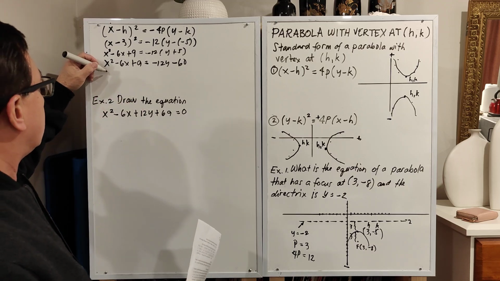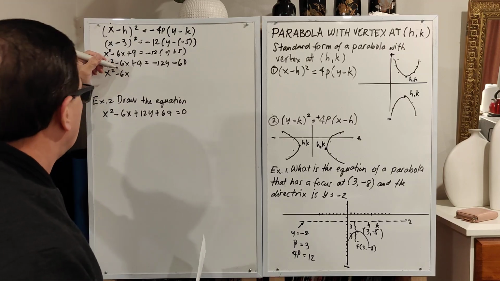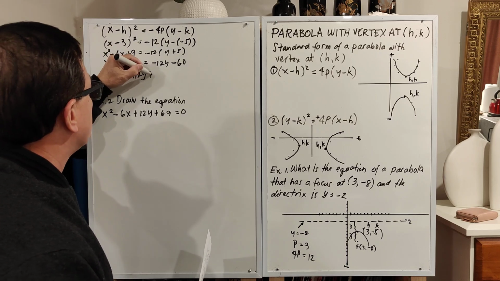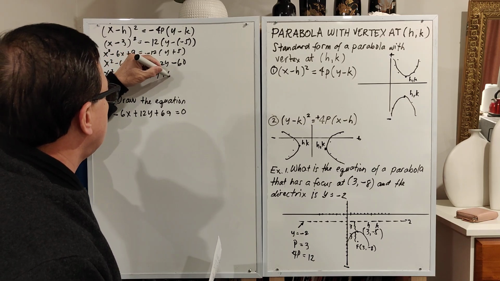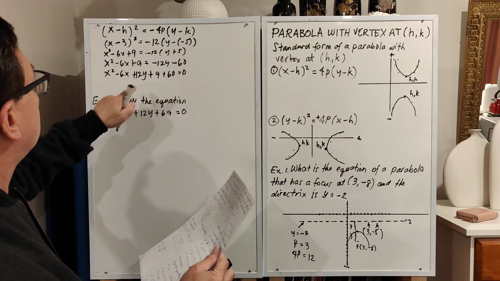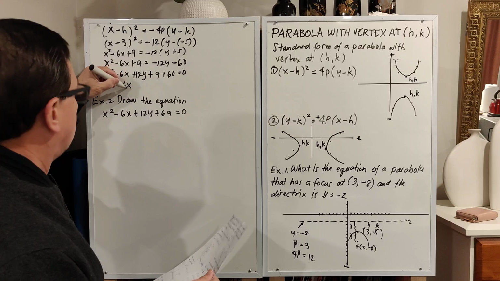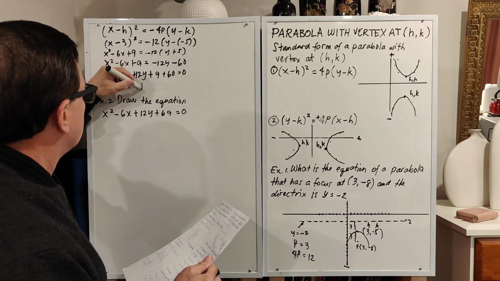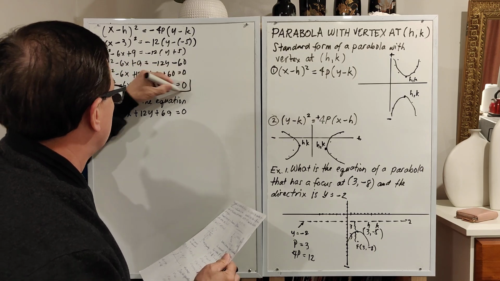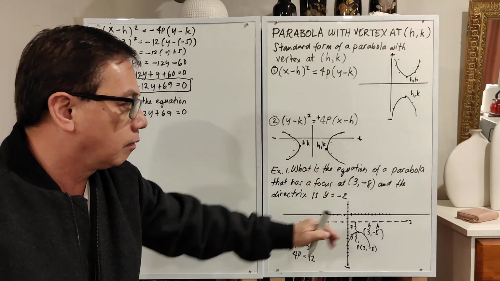So rearranging, we have x squared minus 6x plus 12y plus 9 plus 60 is equal to 0. So what our equation would be, x squared minus 6x plus 12y plus 69 is equal to 0. So this is your equation for these values.